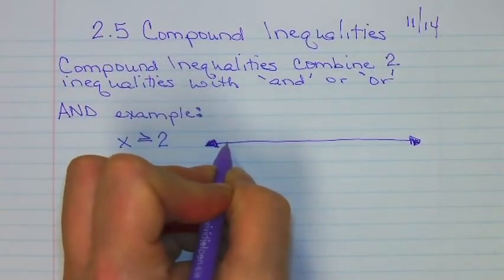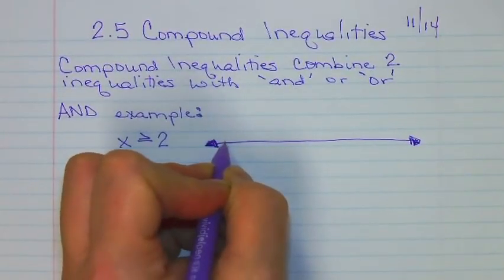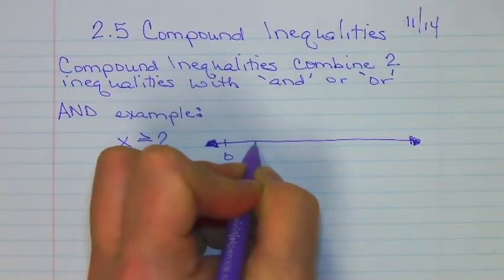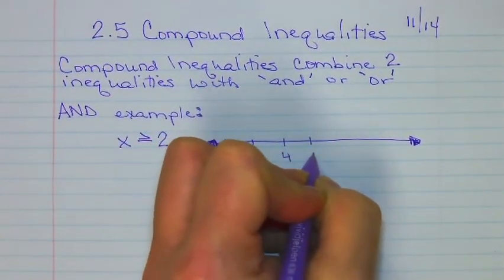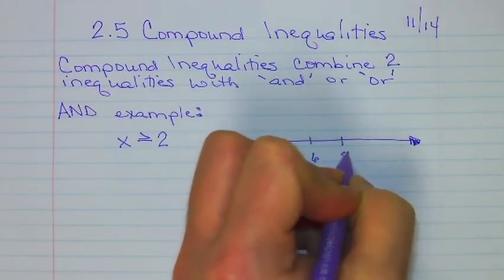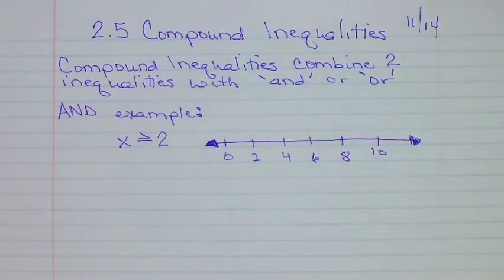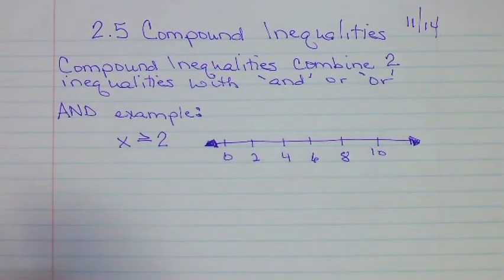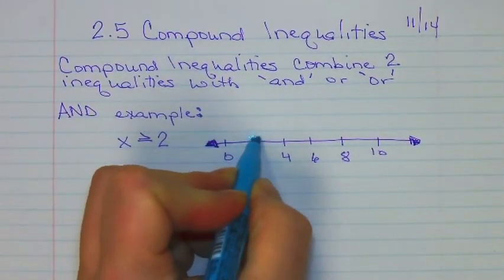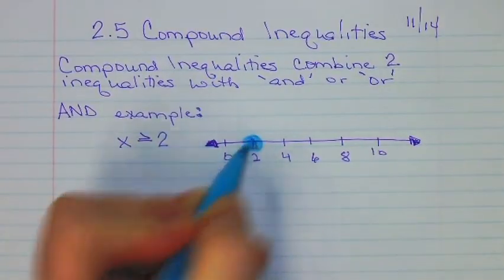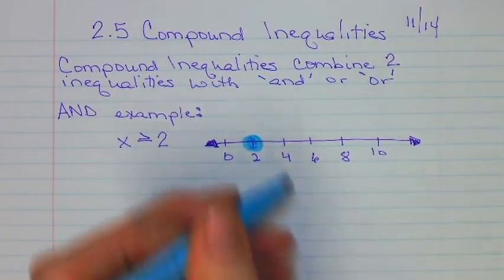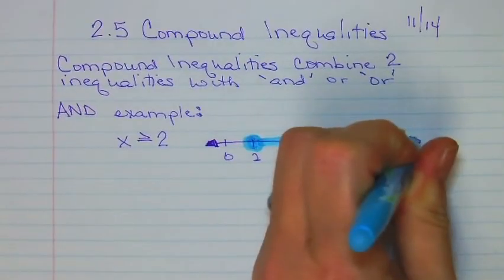And I'm going to say, let's go here with 0, 2, 4, 6, 8, 10. Okay? We're at 2, and it's greater than or equal to, so I'm going to shade in my circle, and I'm going to go larger.